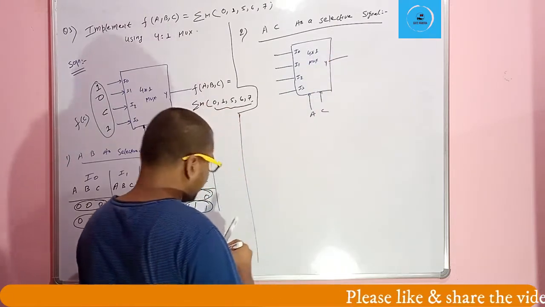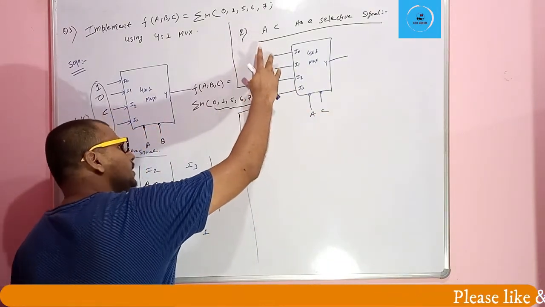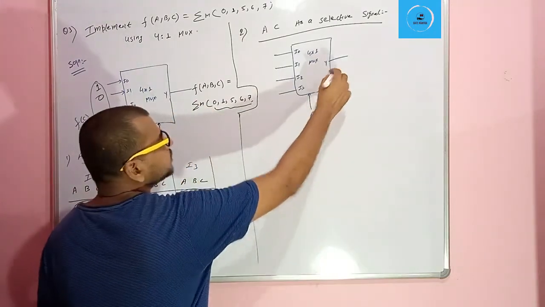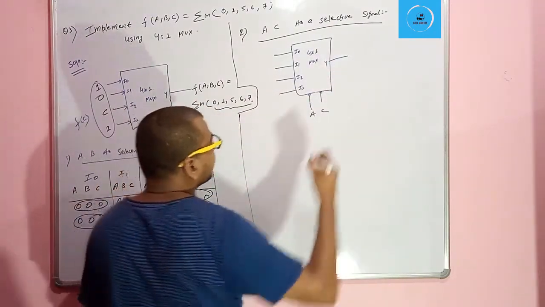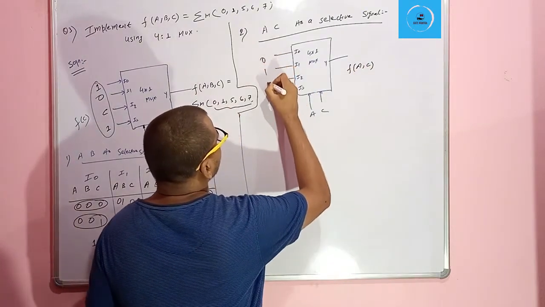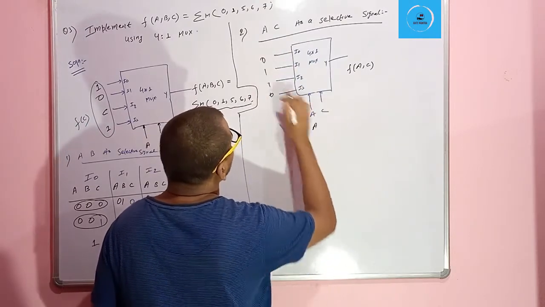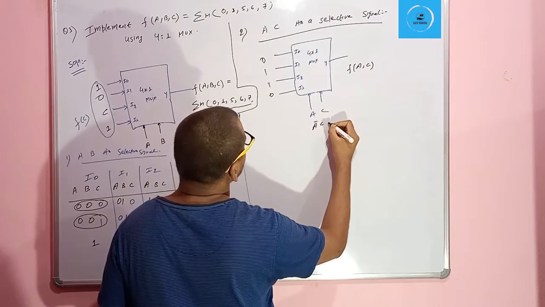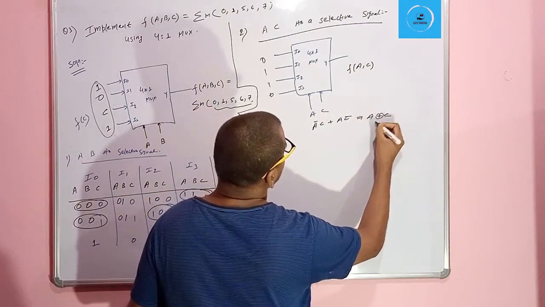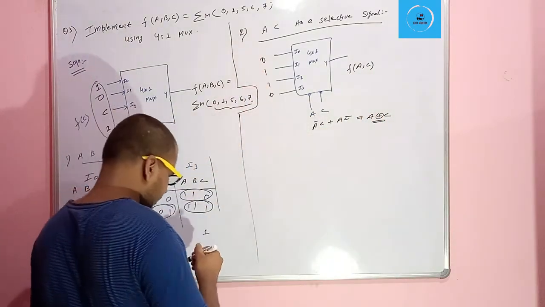Since here we have given the selected lines A and C, if we provide here 1 0 0 1 like this, any numbers, we will get the function of only A and C. Suppose we have given this, so here we will get A bar C plus A C bar. This will be A XOR C. So here we will get the function of A and C if we provide any numbers here.